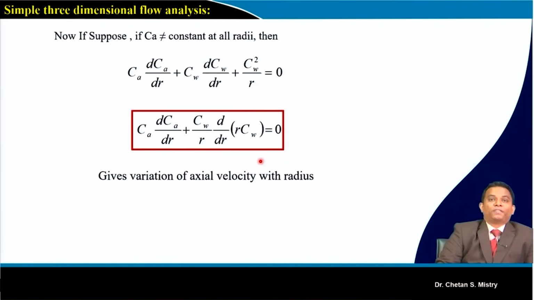Now suppose, as we have discussed, because of the three dimensionality of the flow, our axial velocity does not remain constant. If the axial velocity is not constant, then my equation becomes Ca dCa by dr plus Cw by r d by dr of rCw equal to 0.